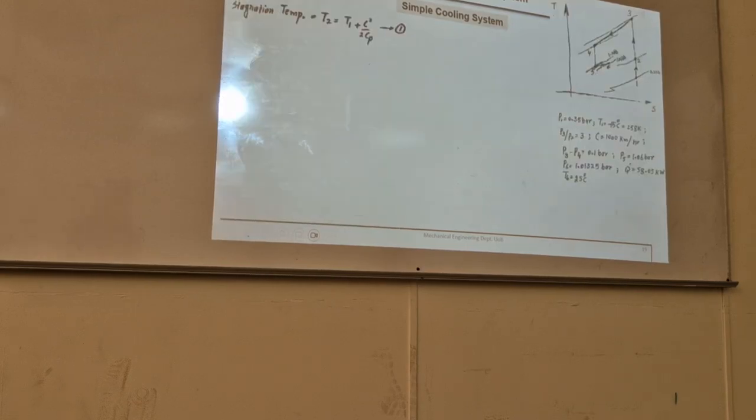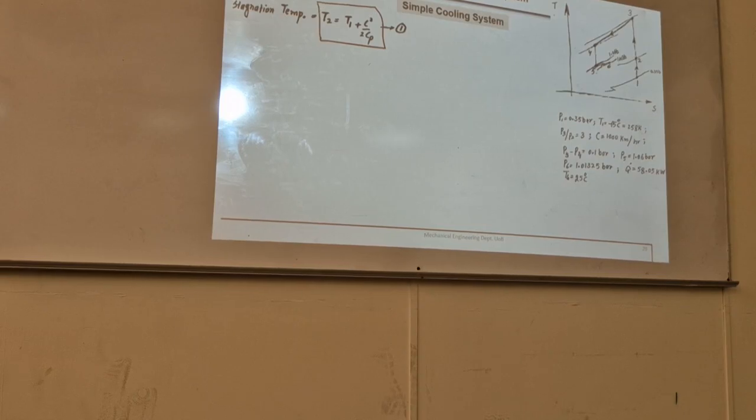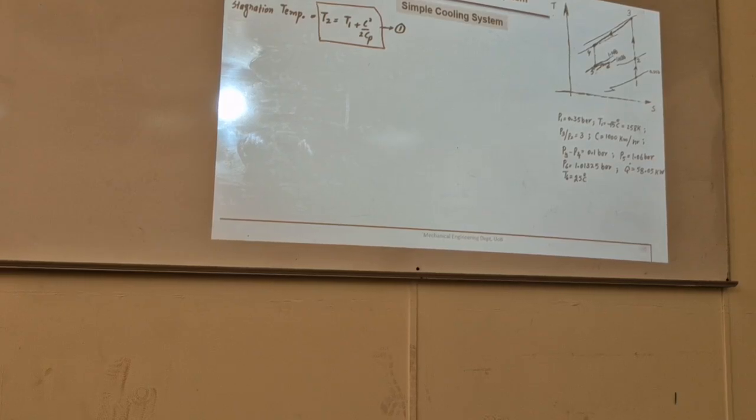This was the equation which we derived for a diffuser. If we apply energy balance on the diffuser part, the change in kinetic energy is not negligible. And so then we get this equation.